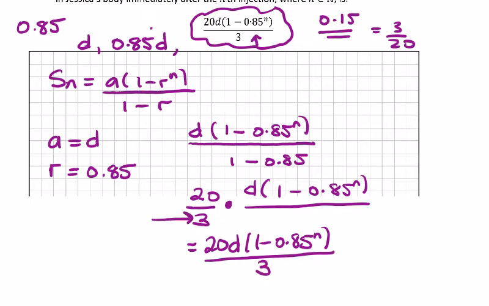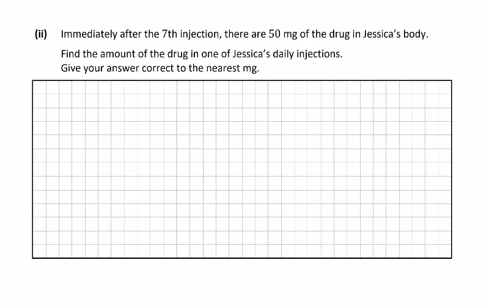And then the last part of Jessica. So immediately after the 7th injection, there are 50 milligrams, so the sum of 7 injections will be equal to 50 for Jessica. Let's just write it out again: a times 1 minus r to the power of n over 1 minus r.